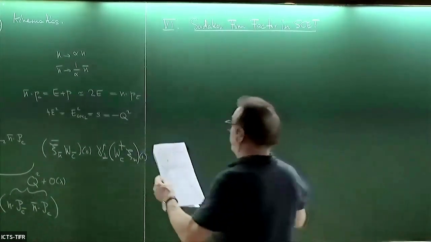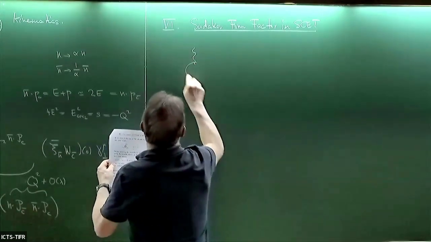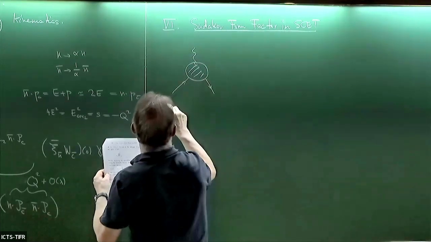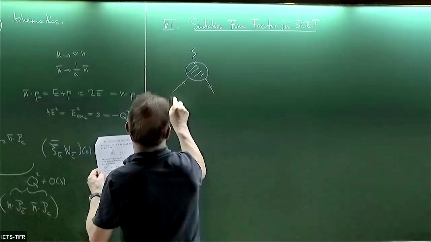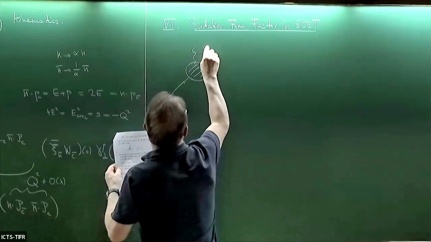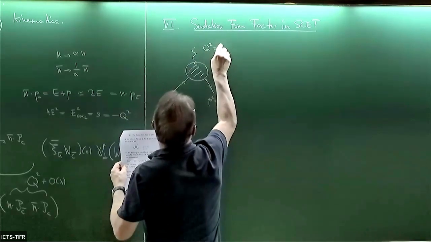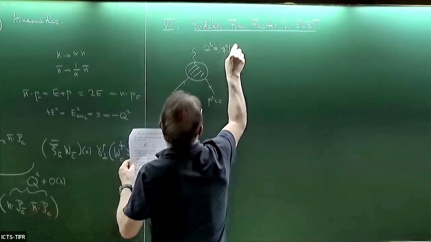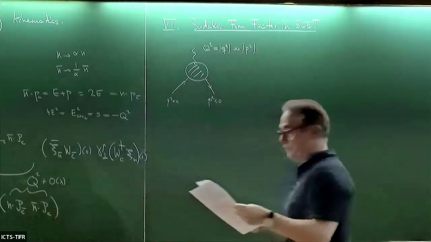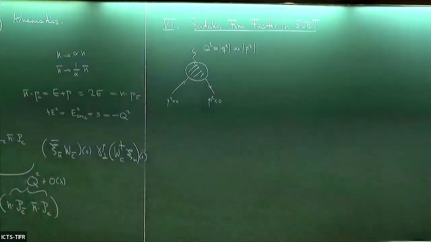So I'm going to return to this problem we studied earlier, the quark form factor off shell, with P squared less than 0, and some big Q squared much bigger than P squared, massless.